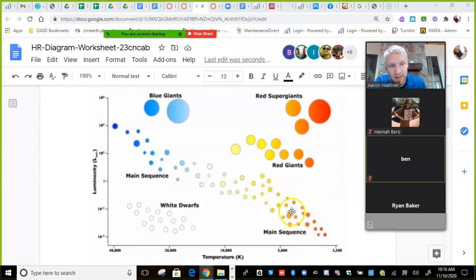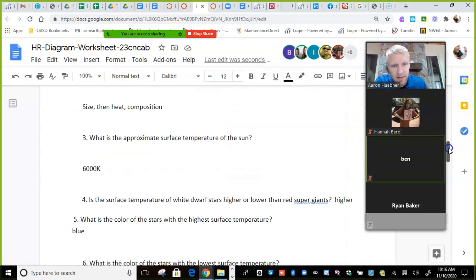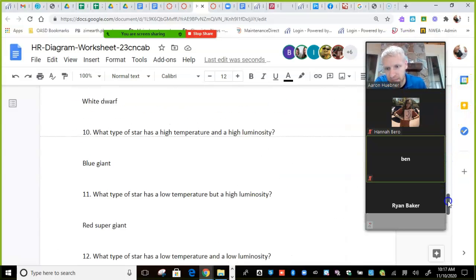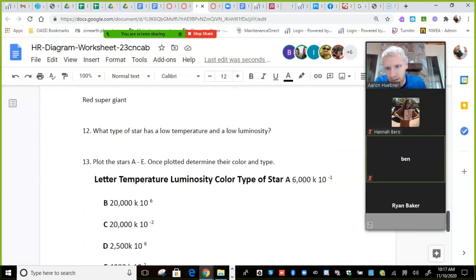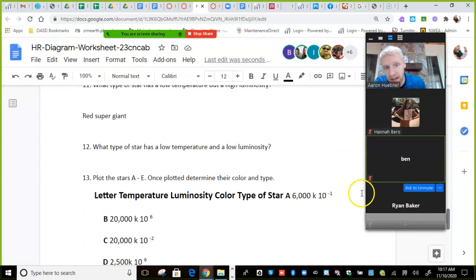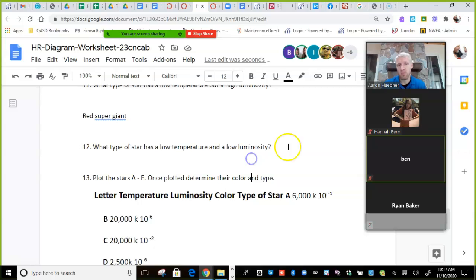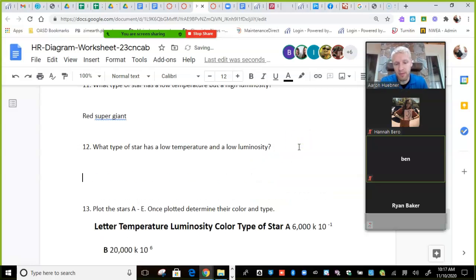So we could say main sequence. Or wait, what's the question? Main sequence. Red giants. What type of star has a low temperature and low luminosity? Yeah, so red giant or main sequence would be acceptable. Or some types of main sequence.